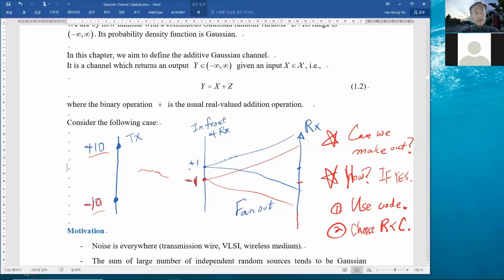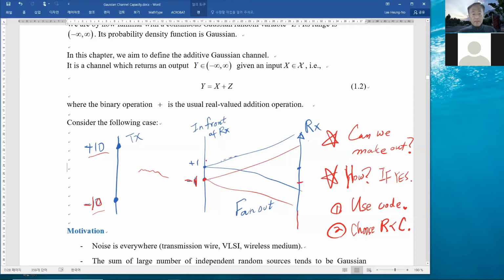So when it arrives just in front of the receiver, its signal energy is +1 or -1. So these represent the energy or power reception at the receiver front end.